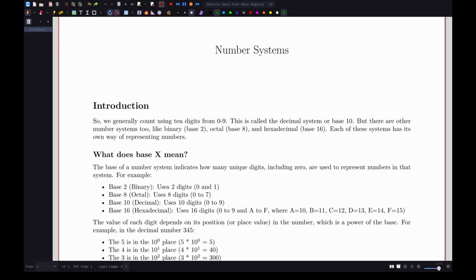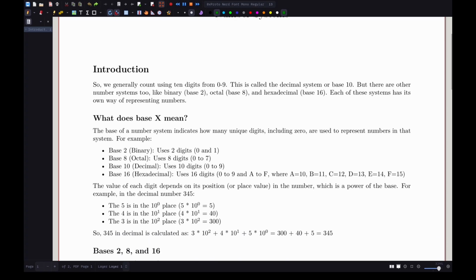Base 16, 0 through 9, and A to F, where A is 10 and F is 15. Everything is sequential. So that's 0 to 9, 10, plus 10 to 15, 6, a total of 16. So base X has X possible face values. And each face value's place value is going to be a power of X.